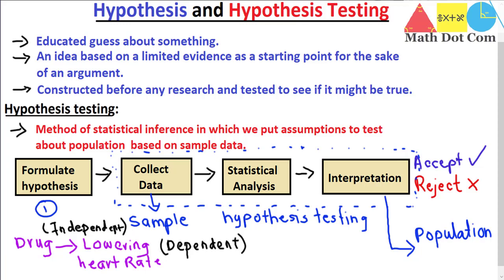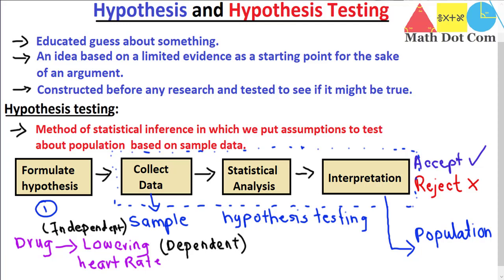So once you have this hypothesis, you have to collect the data accordingly. That is the data of the sample from the population who will be tested after giving them the drug, and then statistical analysis will be done on that data so that you can easily understand whether the drug has an impact on lowering the heart rate or not, and then we can confirm whether the assumption is true or not.